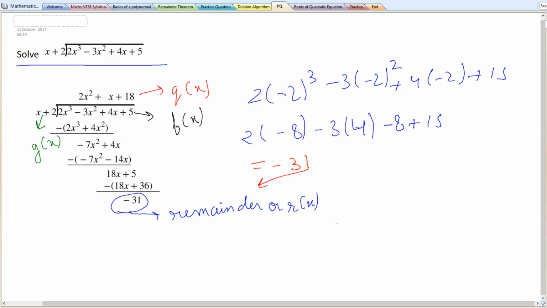So as we see, by the remainder theorem also the remainder can be found out. Or if you have any doubt or if you think your division has been wrong, it can be easily confirmed.